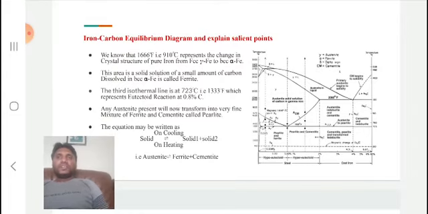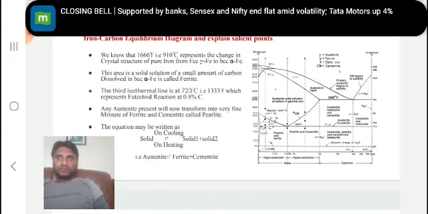So any austenite present will now transform into a very fine mixture of ferrite and cementite called pearlite. The equation may be written as: austenite on cooling gives ferrite plus cementite. So that is called the eutectoid reaction.